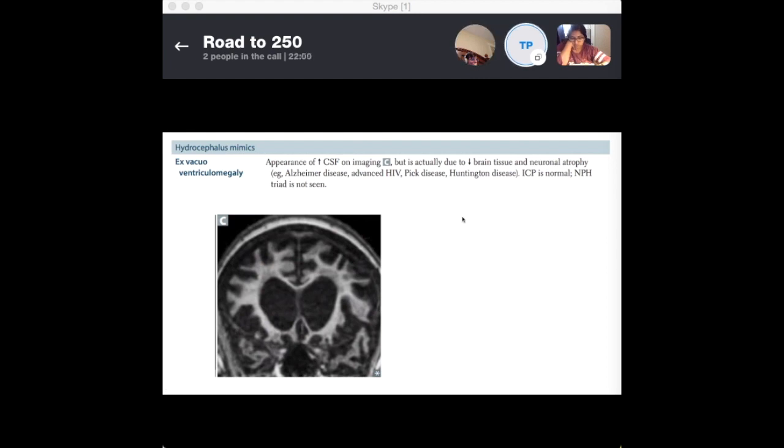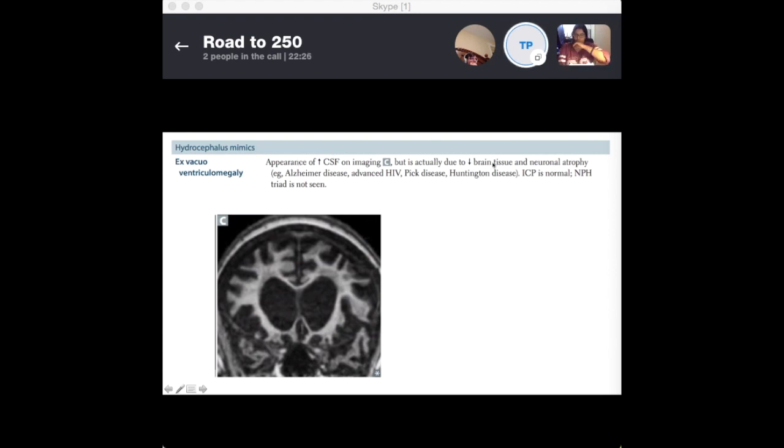So that will kind of be your clue that they might have some history with any of these diseases. Intracranial pressure is normal, and you don't see the wet, wacky, and wobbly in these patients. It's just going to be more so with the dementia, but no wet and wacky, or wobbly, sorry.